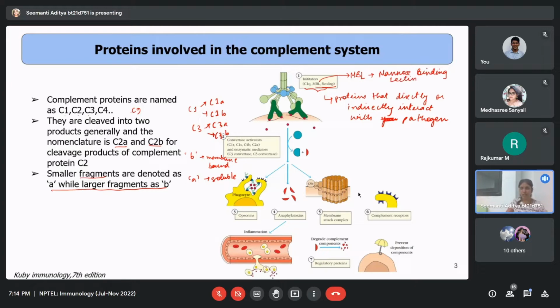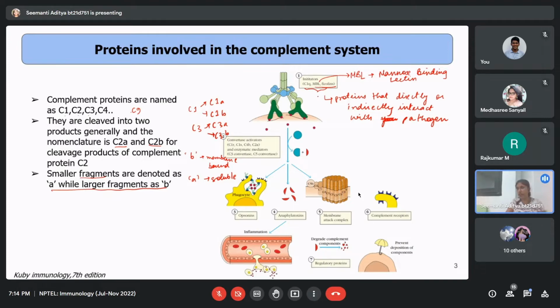MBL and ficolins are normally present in your blood, and they can directly interact with the antigens of pathogens in the circulating system.